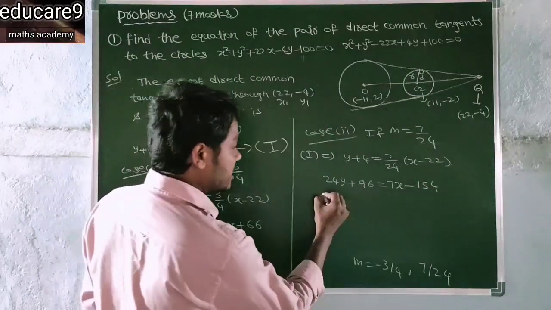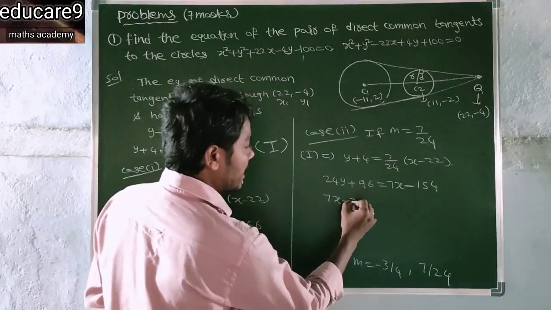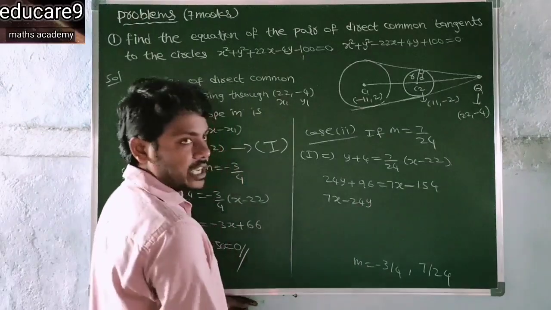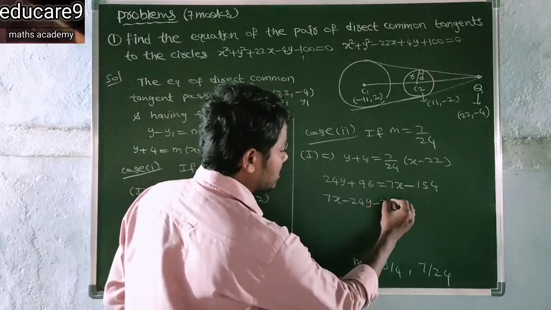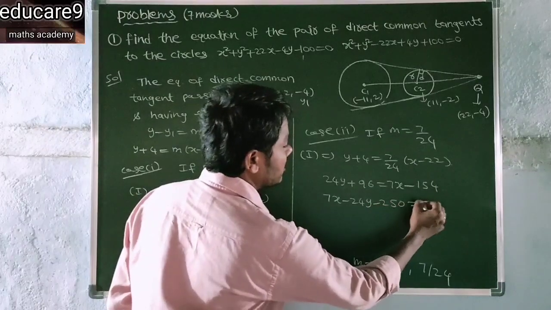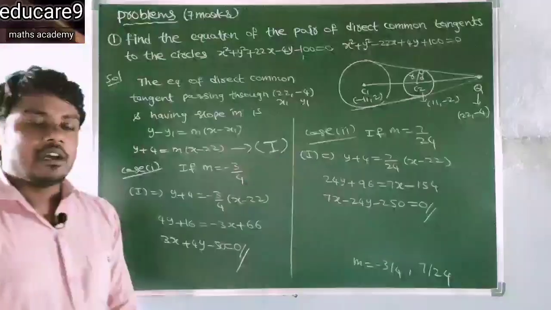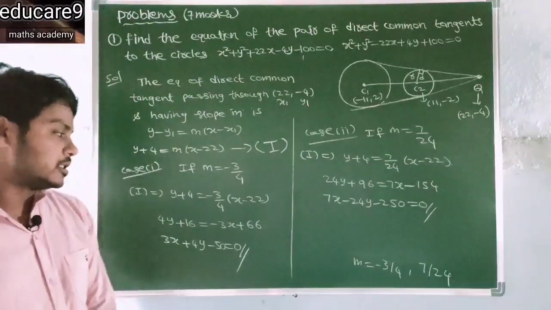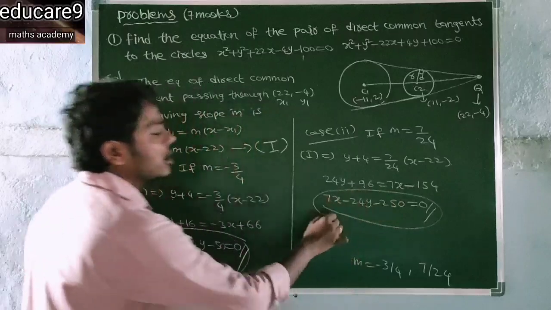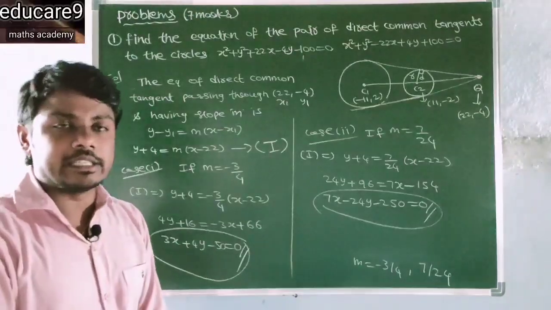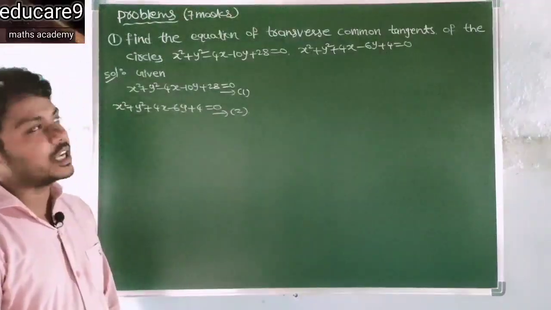So therefore this is 7x minus 24y, so here minus 154 minus 96. So we'll get minus 250 is equal to 0. So this is the other direct common tangent. So clearly these two are the required direct common tangent equations. So see the next one.